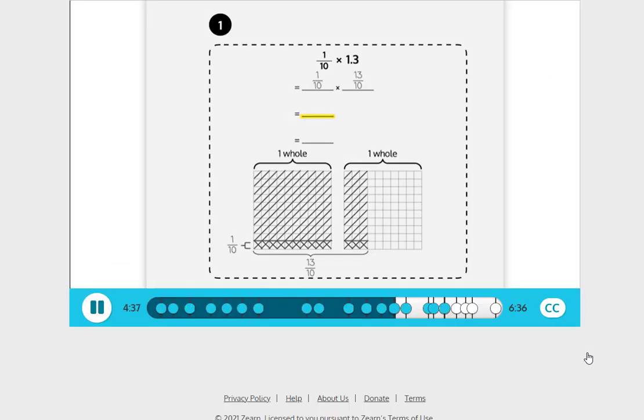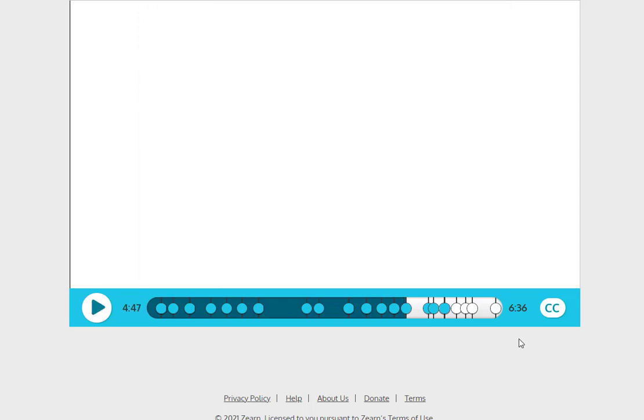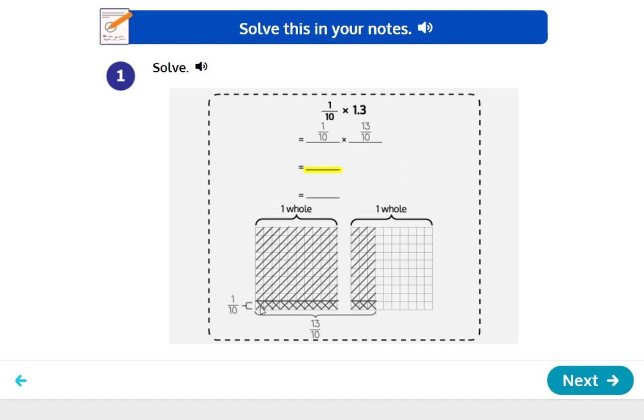Now solve here. What is 1/10 times 13/10? Use the area model to help. How many hundredths did we double shade? So we're looking at hundredths as a piece of this. So there's 100 pieces on this side and 100 pieces on this side.